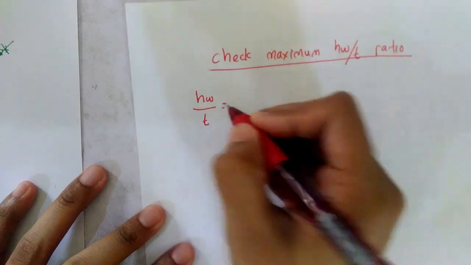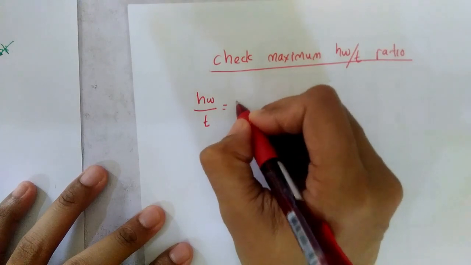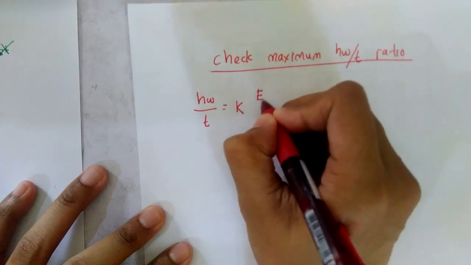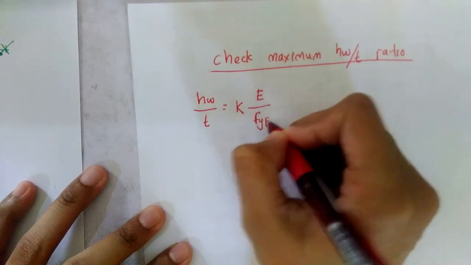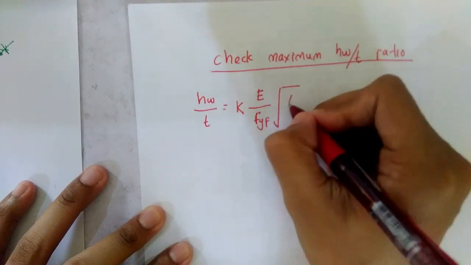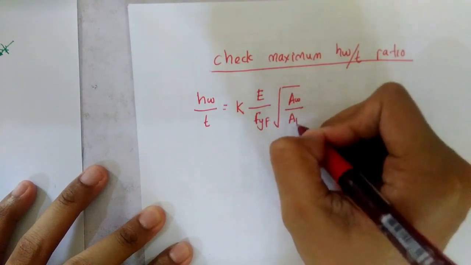You can have hw over t equivalent to k times E over fyf, and then we have Aw over Af.